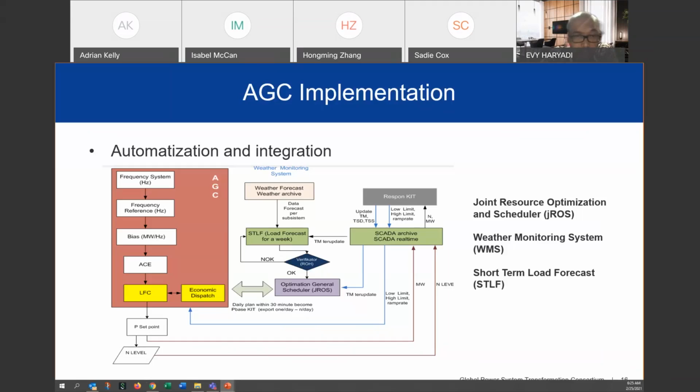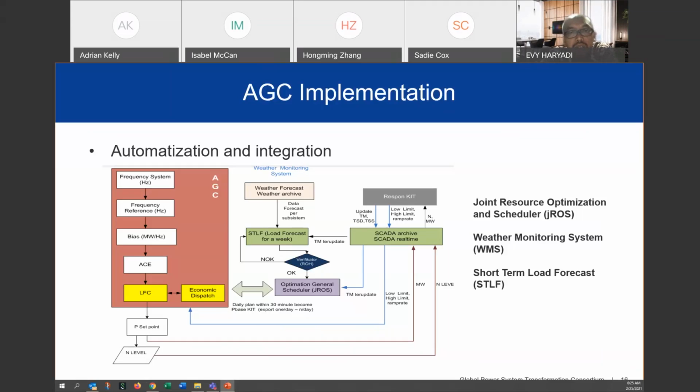We also want to have optimization, because now we are using economic dispatch only offline. We want to integrate this economic dispatch to become online economic dispatch. This is the challenge of the new control center that we want.